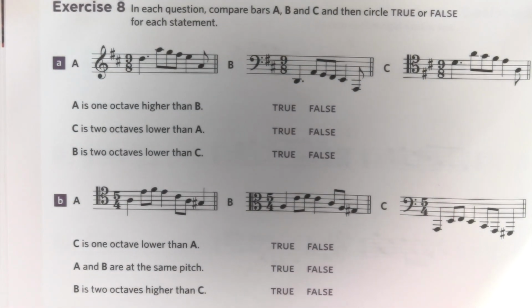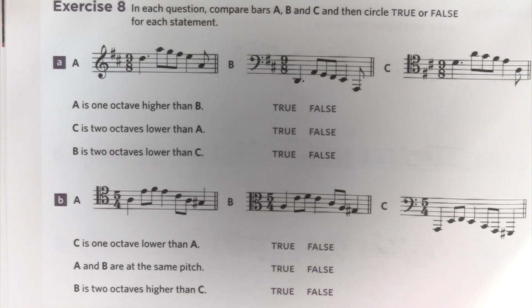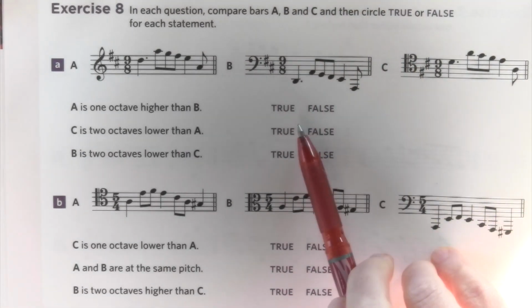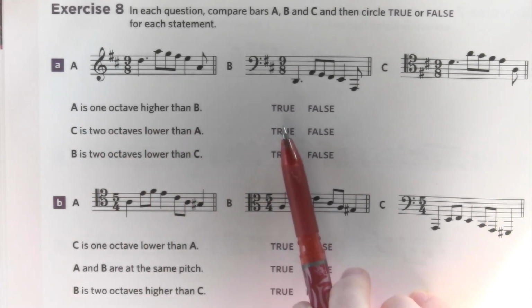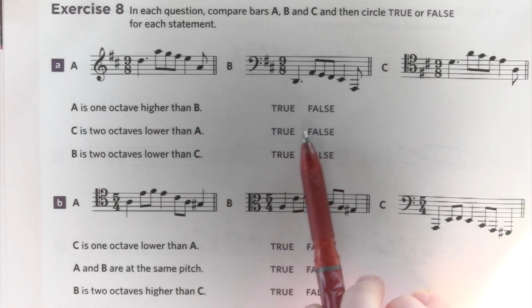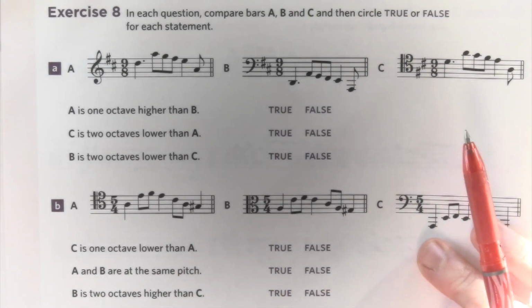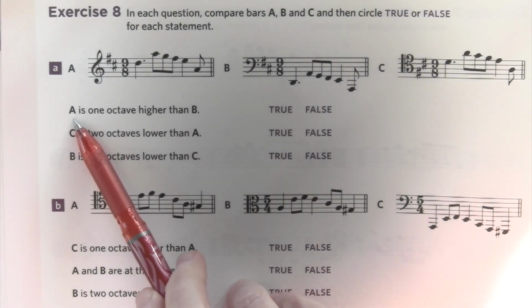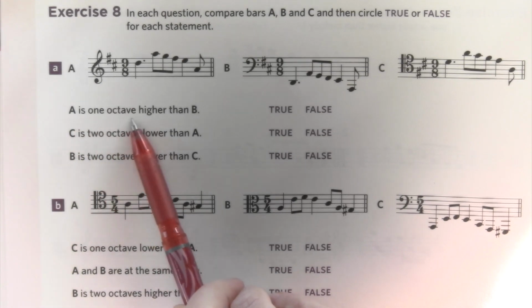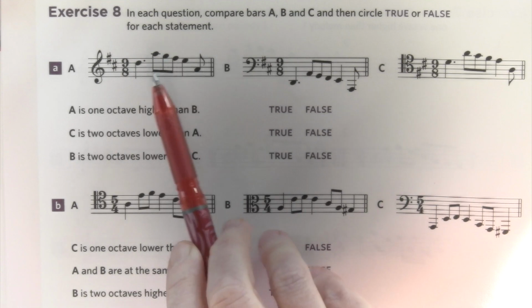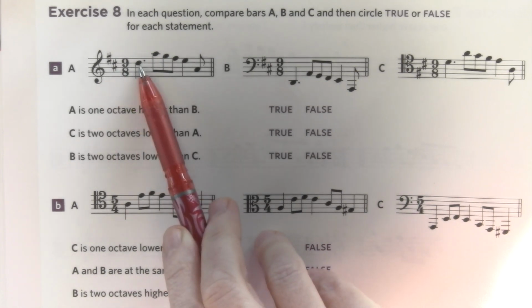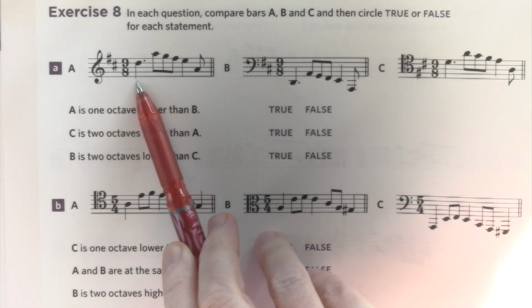Okay, this last exercise, number 8, asks us to state whether this sentence is true or false based on what we can see here. Okay, A is 1 octave higher than B. All right, let's have a look. This Re is above middle C, okay?